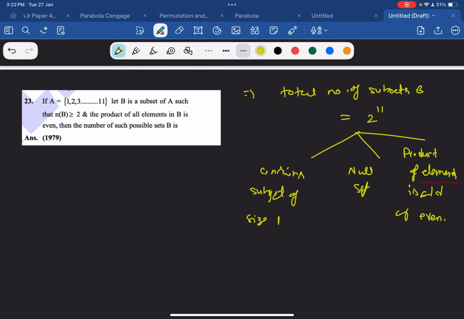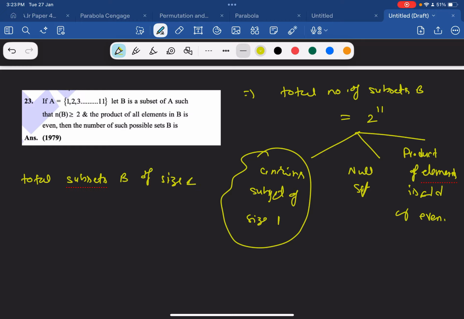So first of all, we have to see very carefully what we have to add and what we have to subtract. I am going to count all those subsets which have only one element, and the null set, and subtract them from the total number of subsets of B. So what I can write out here: total subsets of size less than or equal to 1.